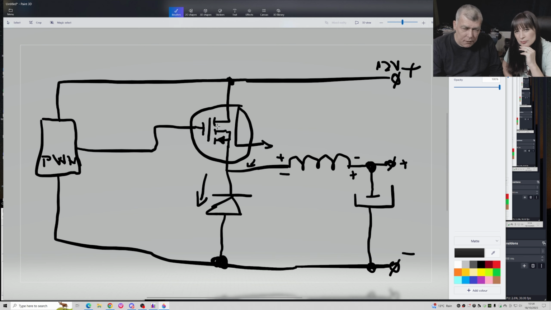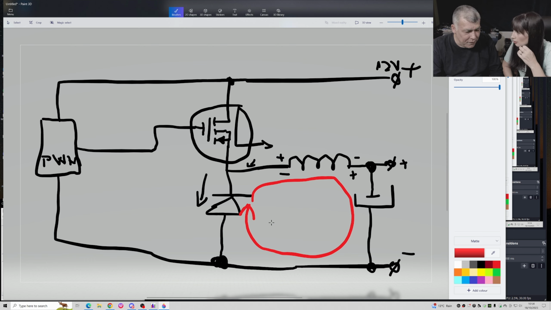Then the MOSFET switches off. Then I will have minus here and plus here. Then I do have a current flow through the diode. You understand?